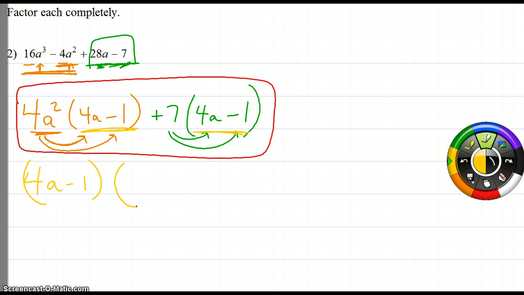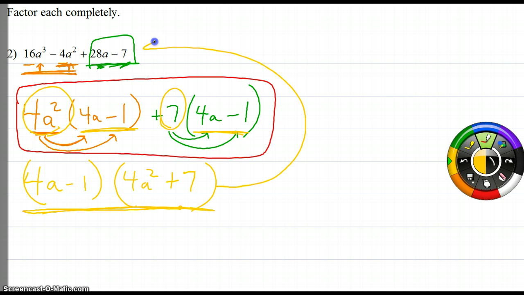And then what's remaining in the second parentheses is what's left. So a 4a squared will go here, and the plus 7 will go in the next spot. And again, you can always double check these, because if I were to multiply these two terms together, it should end up to be the beginning.